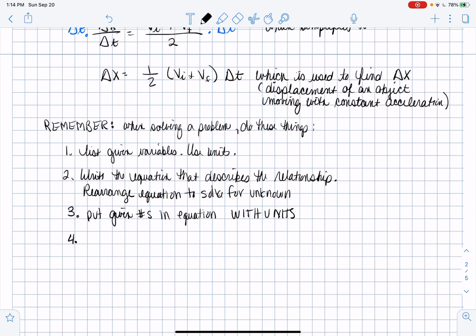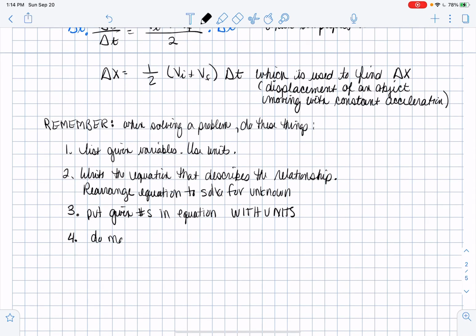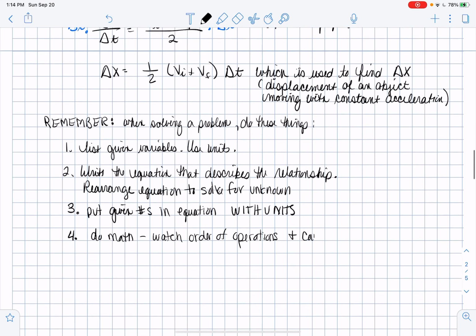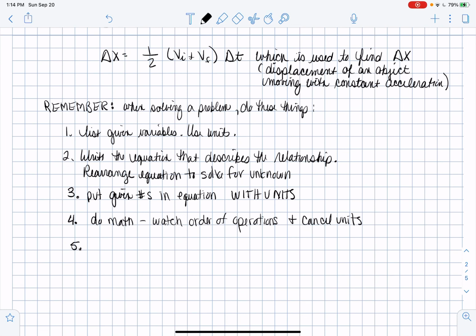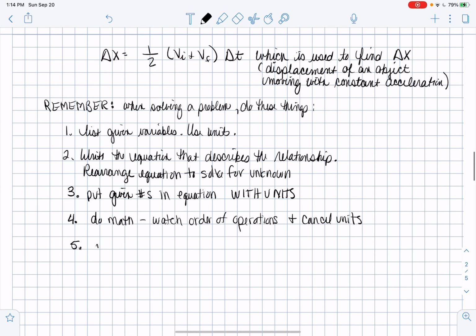Next thing you do is you do the math. Watch order of operations, which means use the parentheses on your calculator when needed. Cancel units. And then you will recheck: make sure the units agree, and check your calculated value for reasonableness and to make sure the units worked out correctly.